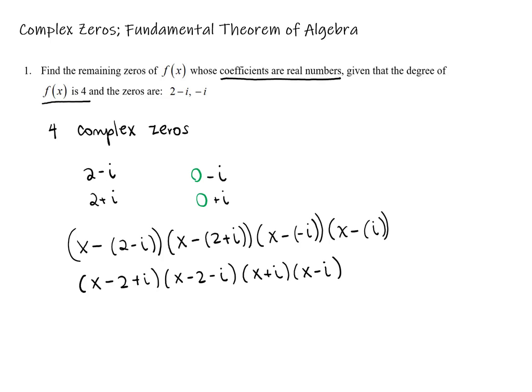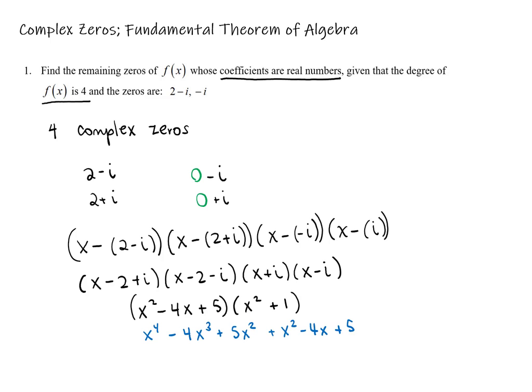And by multiplying it out, I would get x squared minus 4x plus 5. And over here, I would have x squared plus 1. Multiplying all 3 terms by all 2 terms, I should get 6 terms.